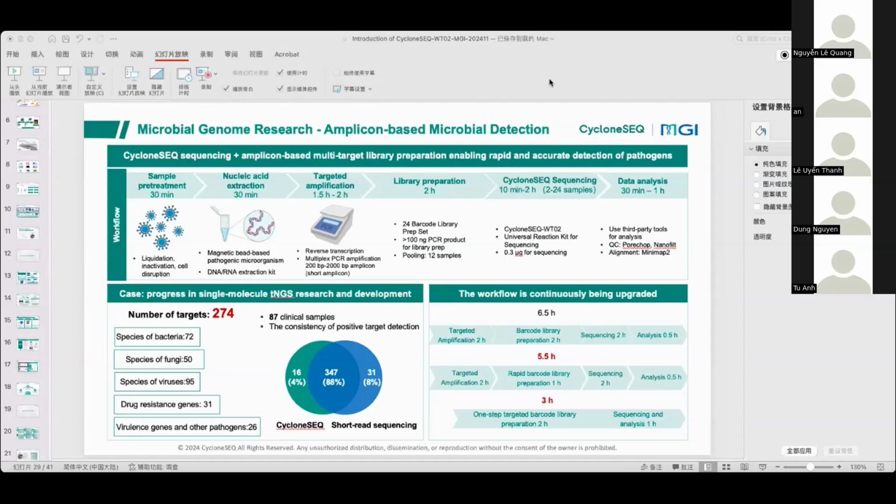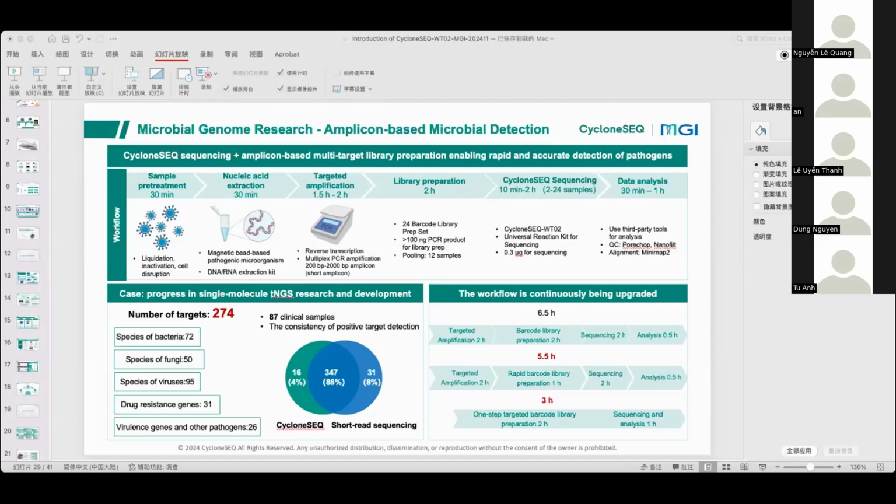Maybe I can answer the first question. We have our own extraction kits for DNA, and we also have some recommendations in our SOP. So maybe you can find it in the SOP.